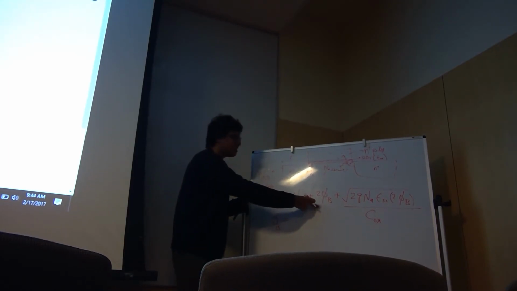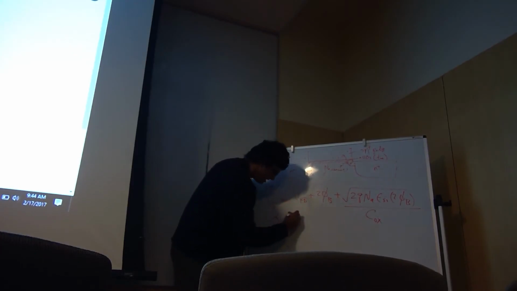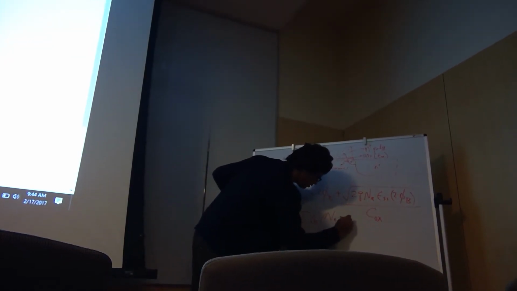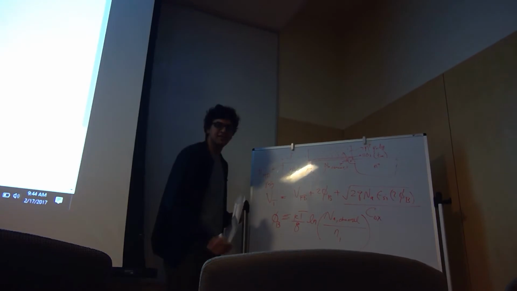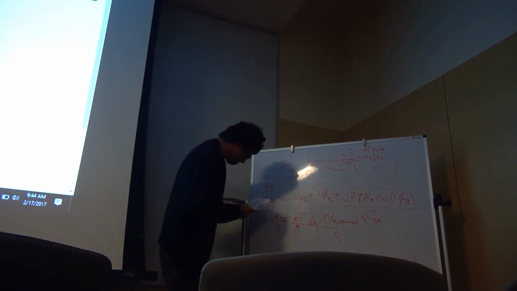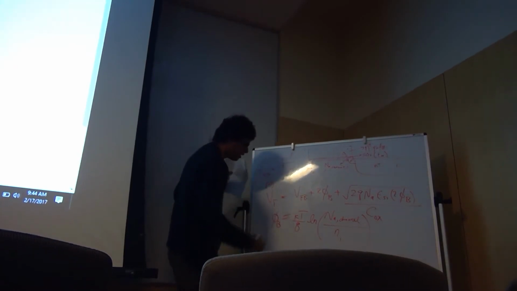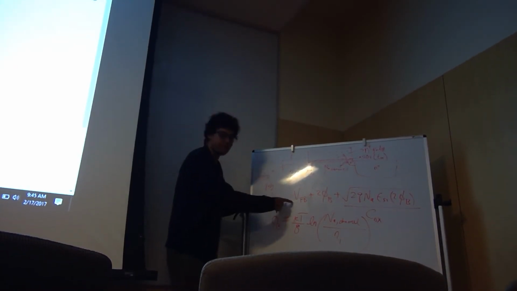So I think I should draw the band diagram. 2φB is just strong inversion, right? Yeah, exactly. You've taken a device course? Okay, this is called the flat band voltage, okay?